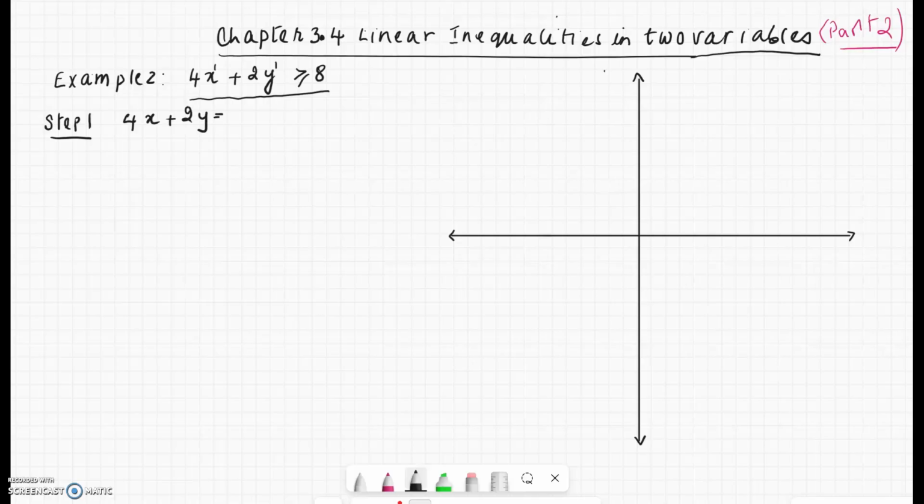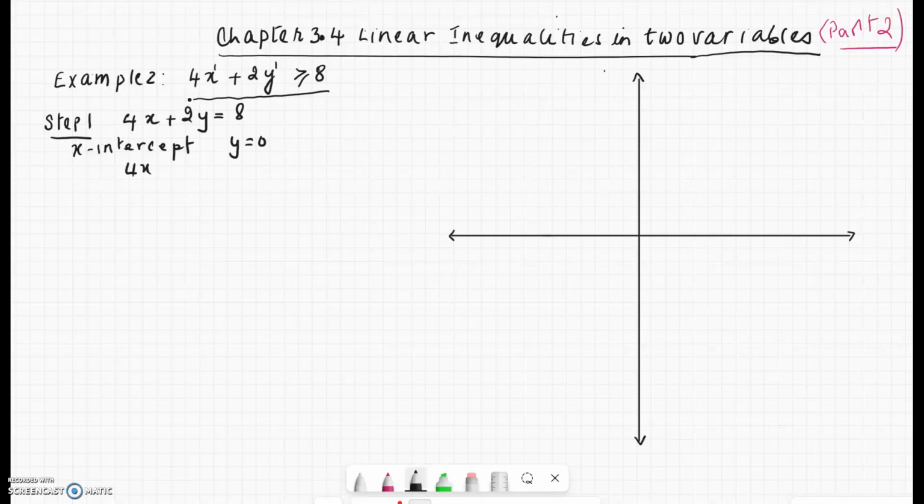4x plus 2y equals 8. We could pick 2 points to plot and then join the 2 points with a straight line. Easy points would be the intercepts. So let's find the x-intercept, and for the x-intercept, we plug in y equals 0.